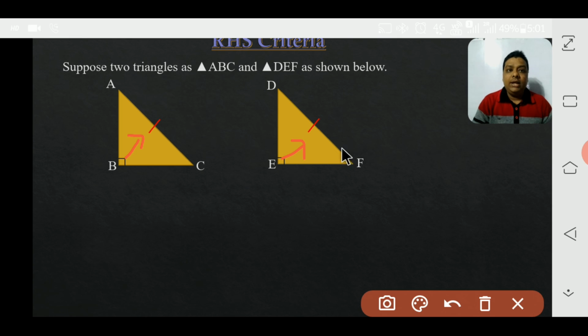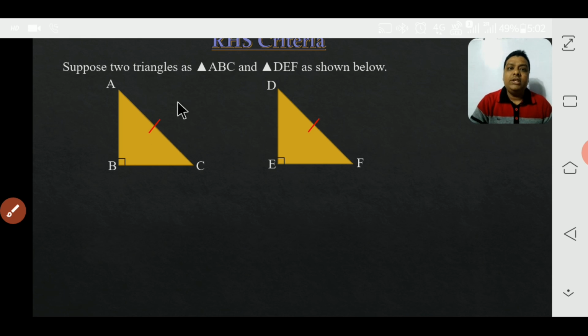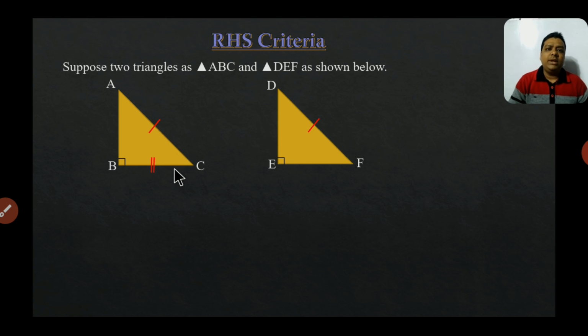Okay, dear. And one more thing, the hypotenuse cannot be a straight line. It should always be a slanting line. And any one side, it could be AB and DE or BC and EF. Right now I am taking BC and EF. So any one side is equal to each other.